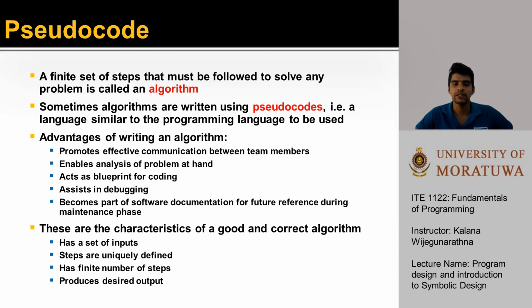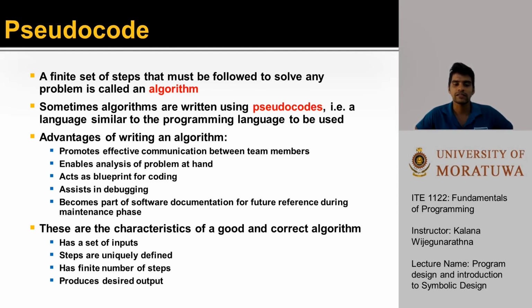It's a language similar to the programming language that is intended to be used. Writing an algorithm for solving the problem offers some great benefits like promoting effective communication between team members, enabling the analysis of the problem at hand, acting as a blueprint for the coding, assisting in debugging, and becoming a part of the software documentation for future reference during the maintenance phase.